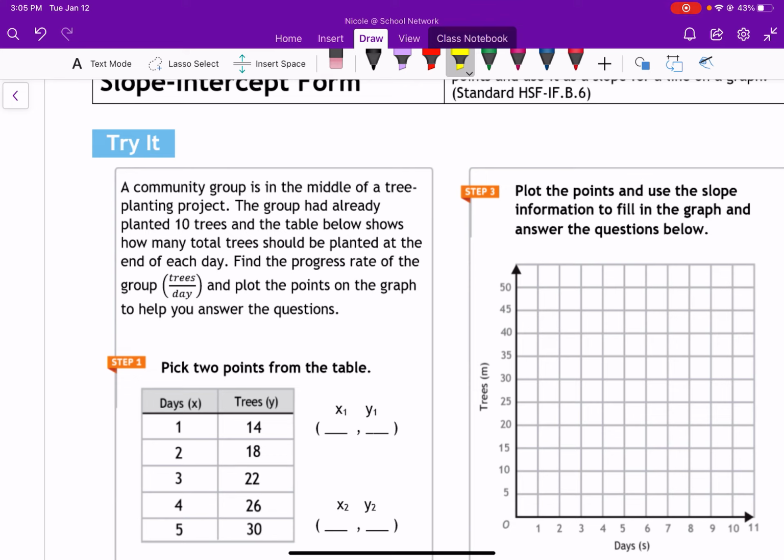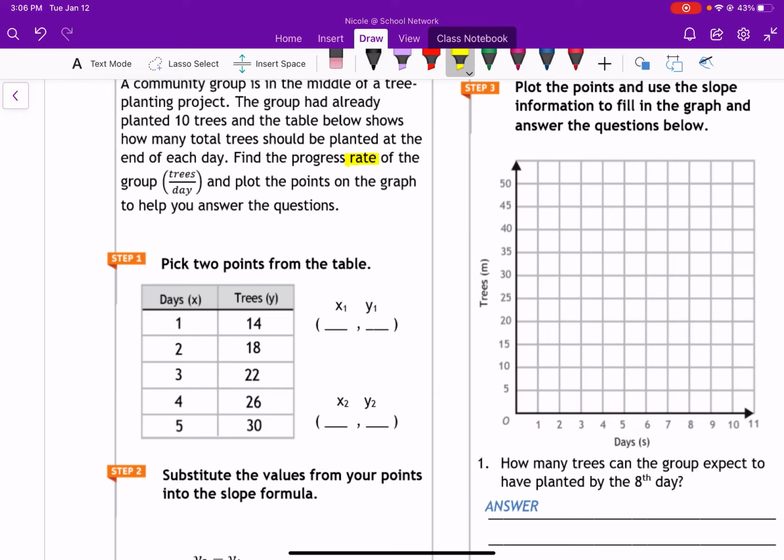So remember that our slope formula has two different points. We have this x2, y2, and x1, y1. So that means we have to be given two different points to solve for the slope.